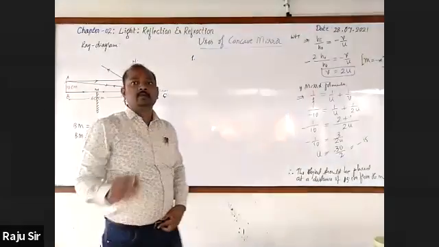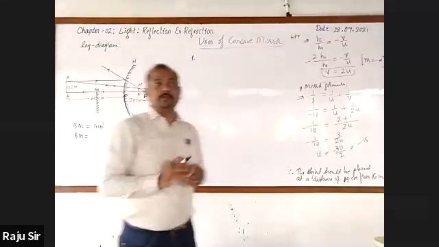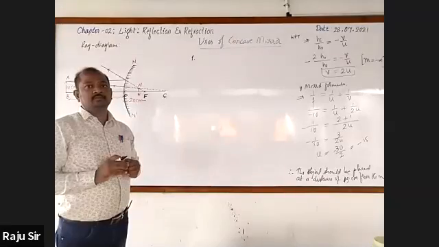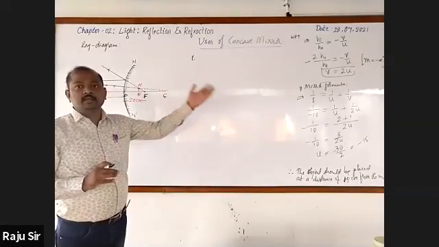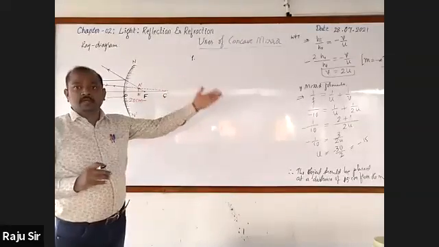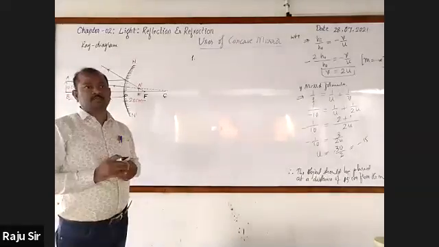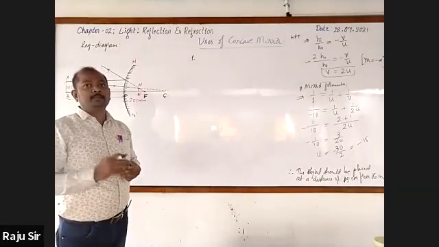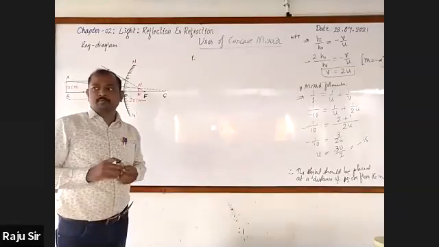Yes, students, we are very familiar with the concave mirror, where the light rays will converge at a point after the reflection. Because of this property, we go for using it for many purposes. Could you tell one by one?